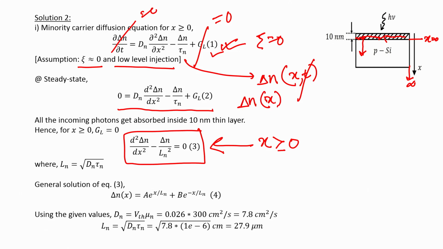So, there is only a single independent variable, and hence we can convert that partial derivative to the direct derivative d2 dx square.